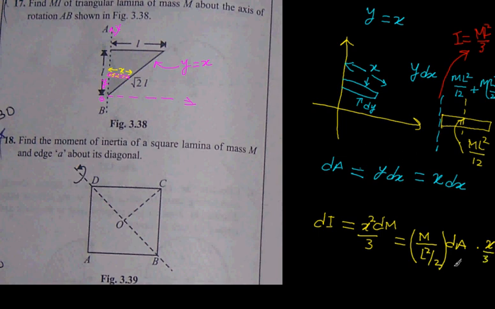Now take this one as it is, 2m by L square. What about dA? dA is x dx. Now we have 2m by 3L square, this is x square, and dA is x dx, so x cube dx.